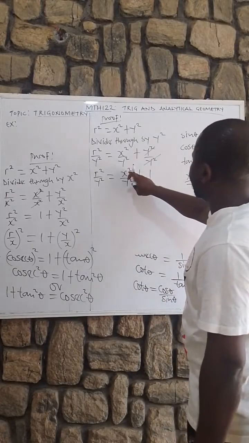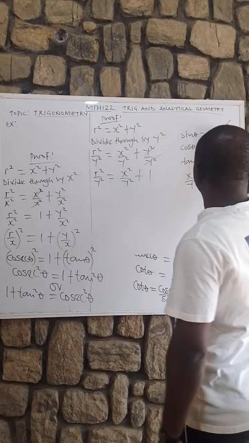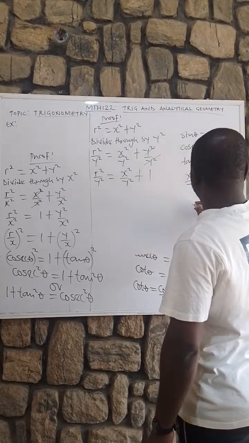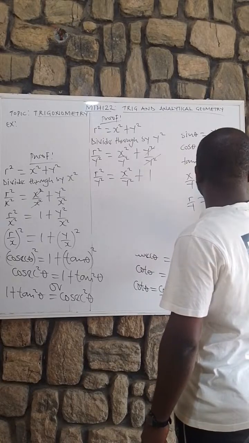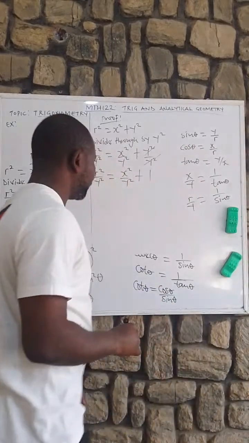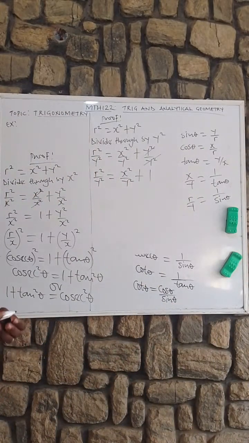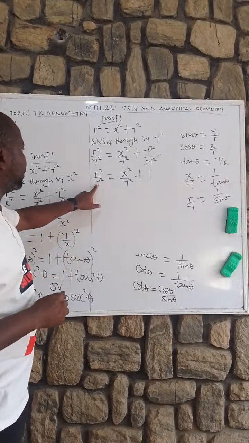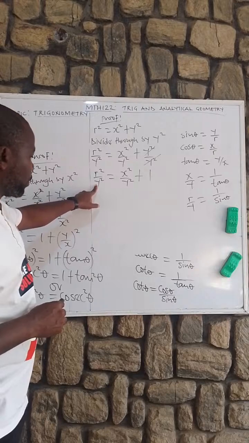Look at this. Then, if we have r all over y, it means this is a sin inverse. True or false? It's true, right? Yeah. This is sin inverse. r all over y, sin inverse.